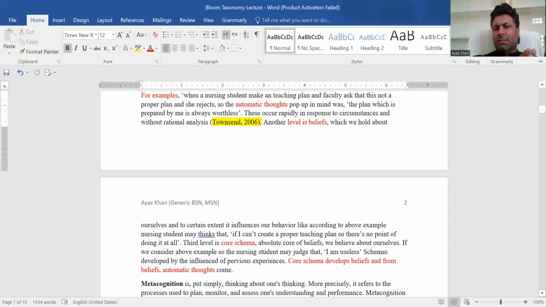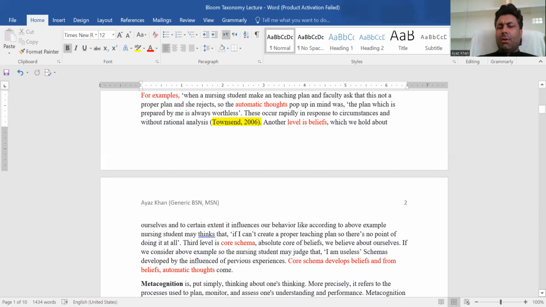So her thoughts are then converted into his or her beliefs that whenever I make a teaching plan or write any assignment, it is not proper and is always rejected by the teacher. So I cannot make a proper teaching plan or write the correct assignment. So the automatic thoughts convert into the student's beliefs.